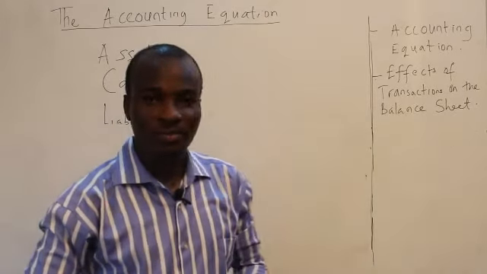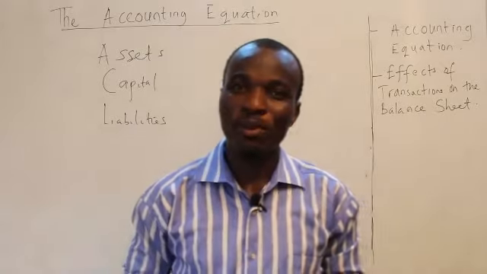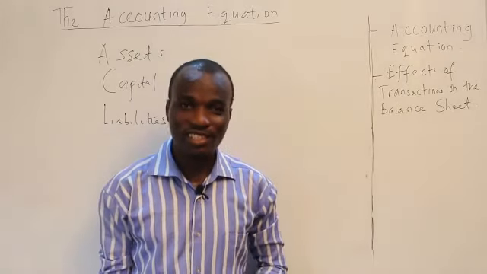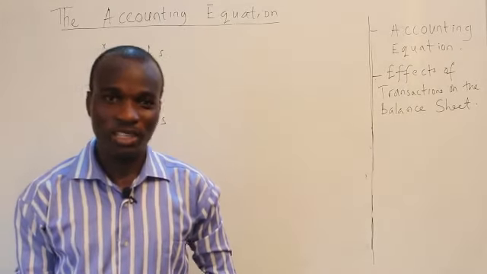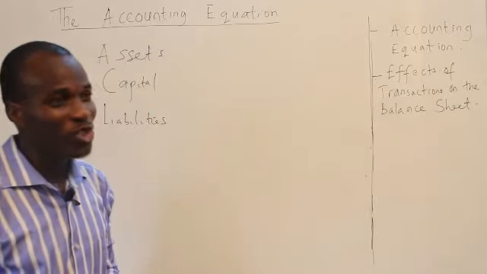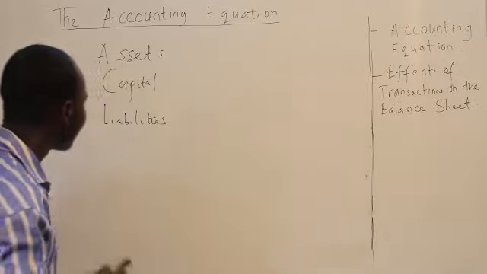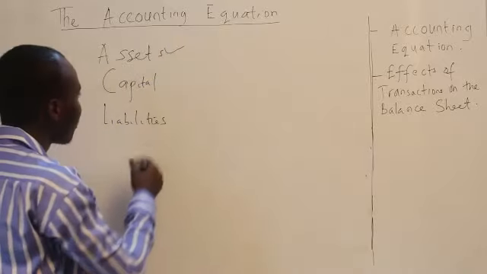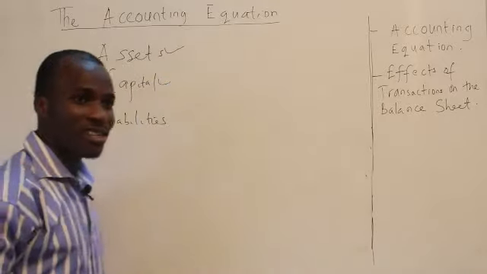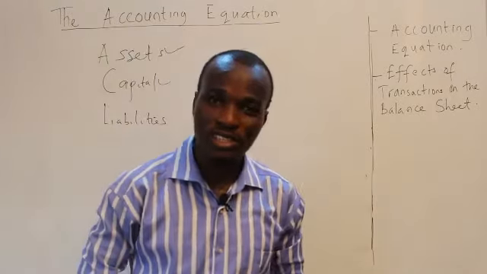The assets are the property of the business, that is the resources owned by the business. They are the resources used by the business in generation of revenue. Capital shows the owner's equity in the business.